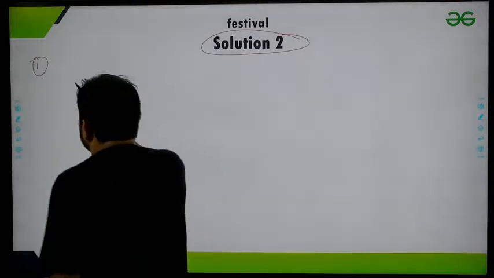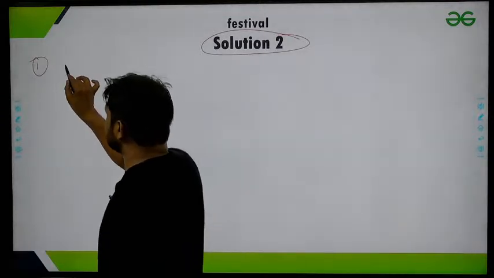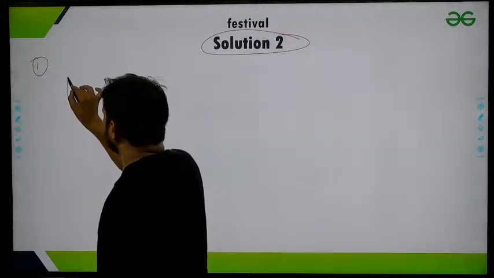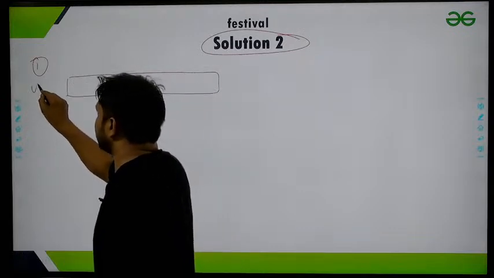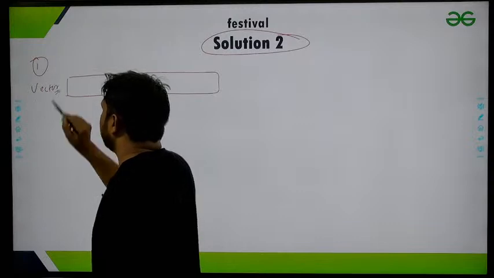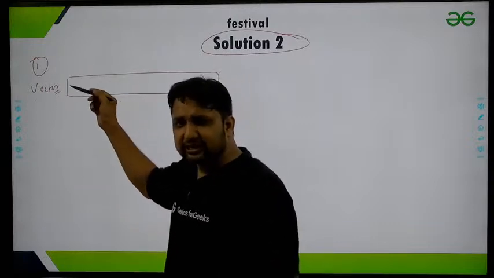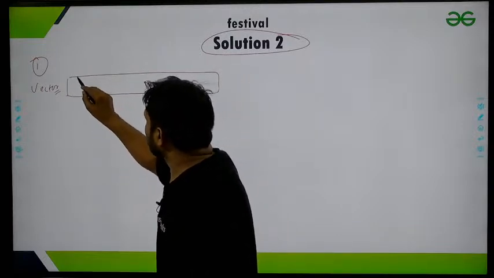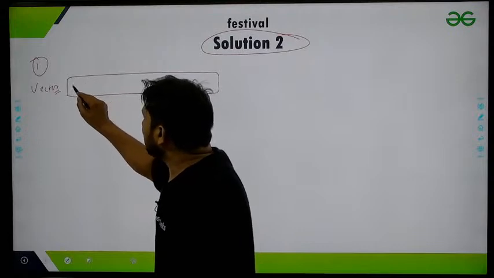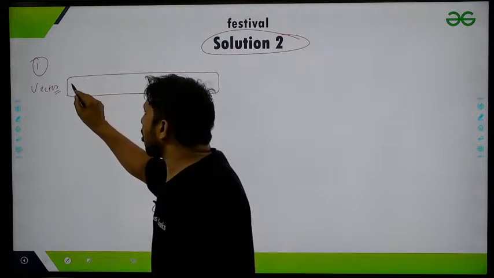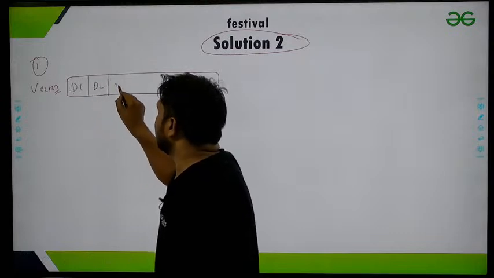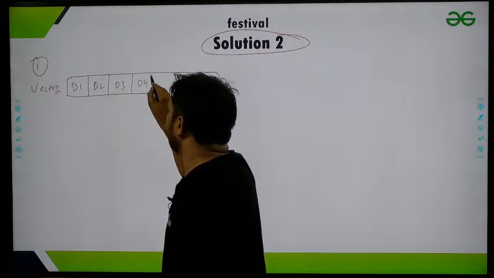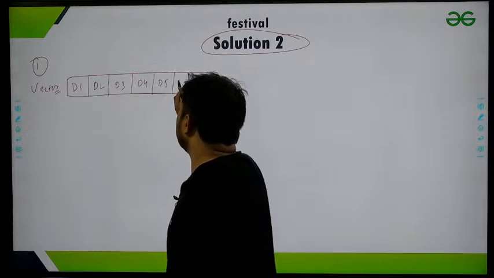First, you will take a vector. This is just like an array. If you don't know vector, no problem. I will store the information of all the days in this: day 1, day 2, day 3, day 4, day 5, day 6.